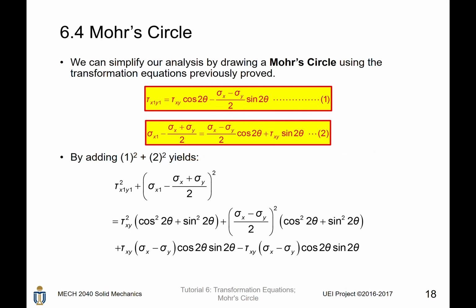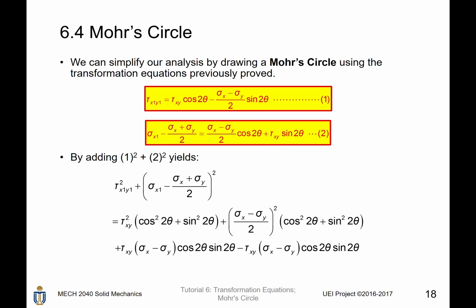And we do a little modification on the transformation equation of the direct stress, that is, we put this term on the left hand side. Originally, it is σx1 equals (σx + σy)/2 plus (σx − σy)/2 cosine 2θ plus τxy sine 2θ. Okay, so we just put this term to the left hand side to get number 2.